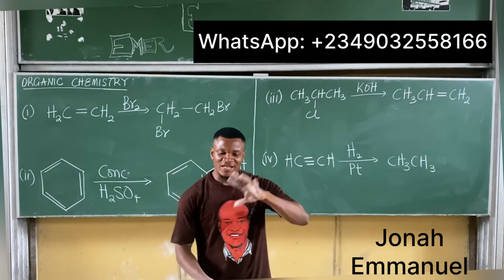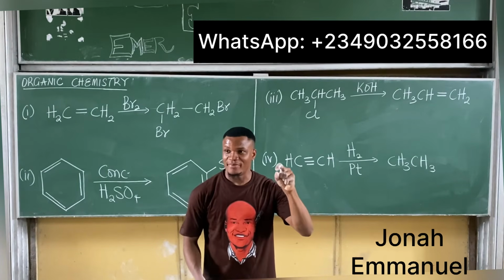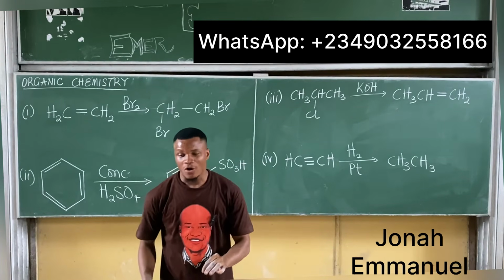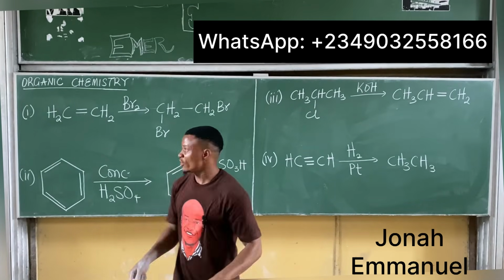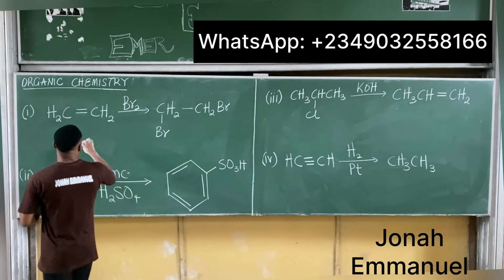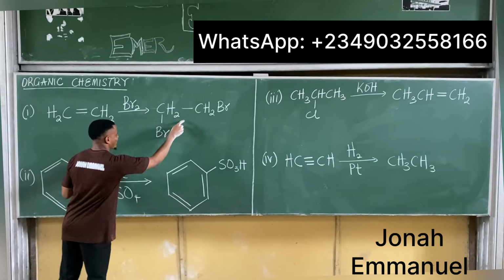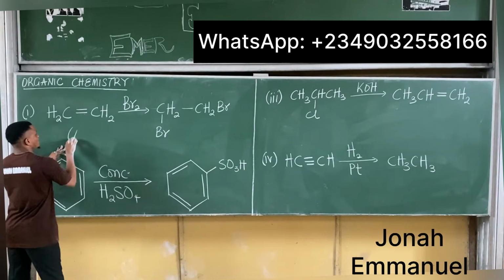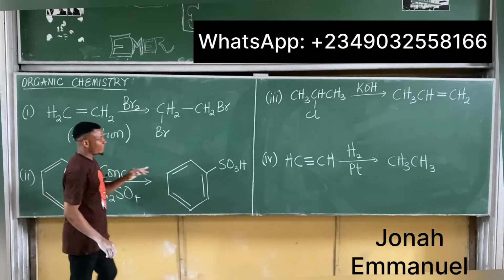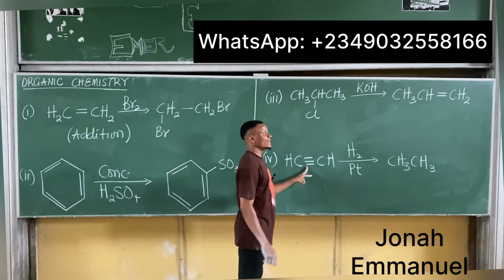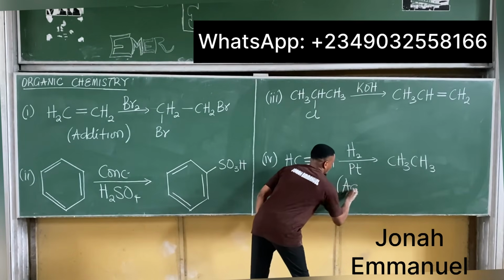Is there any one that involves alkyne breaking down to alkene, or alkene breaking down to alkane? Number one, alkene is breaking down to alkane. This one, number one here, is an addition reaction. Number four, alkyne is breaking down to alkane. It's an addition reaction.